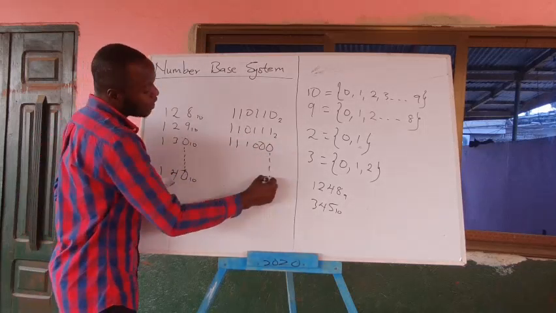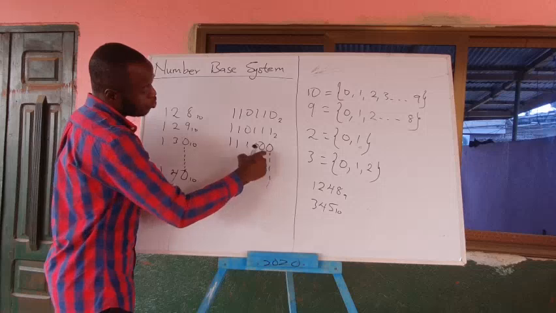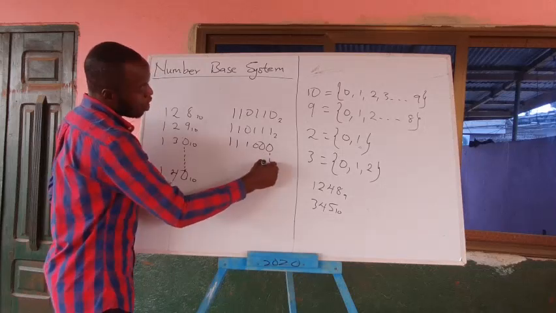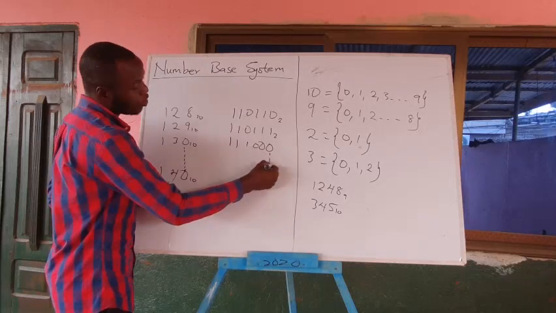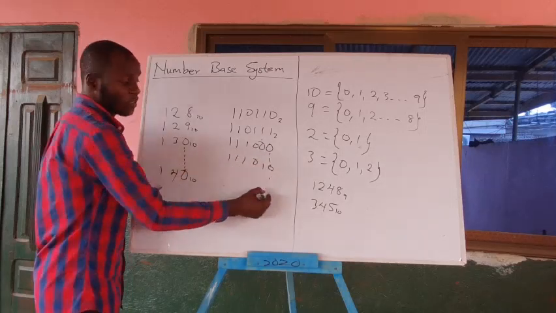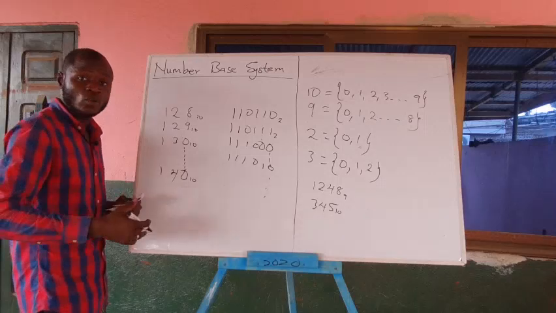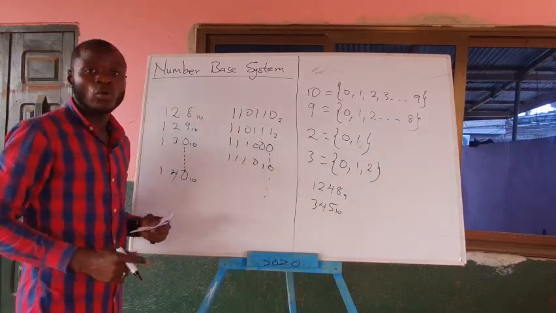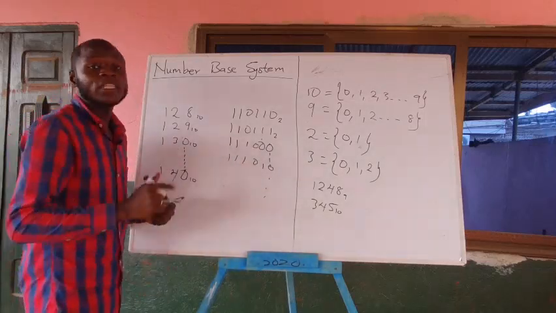So it keeps increasing till it gets to 2, and then it turns to 0 again and the 1 is carried to the next number. So in all number bases, the highest digit that you could get will be 1 less than the base we are dealing with.